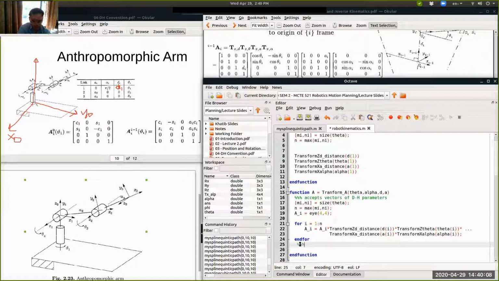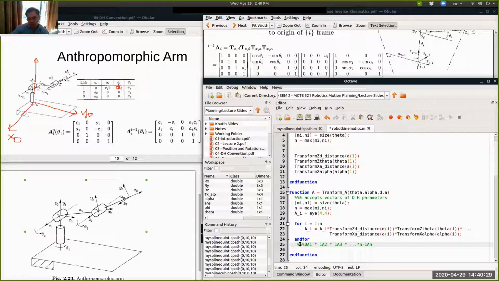So let's just comment it: 0A1 times 1A2 times 2A3, like that effect, times and so on, times n minus 1An.